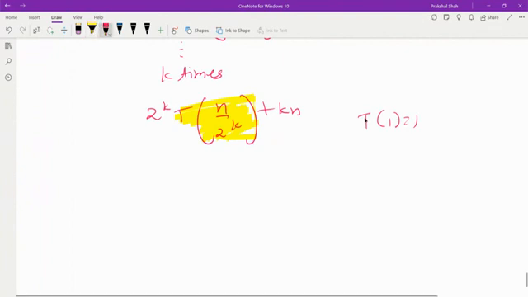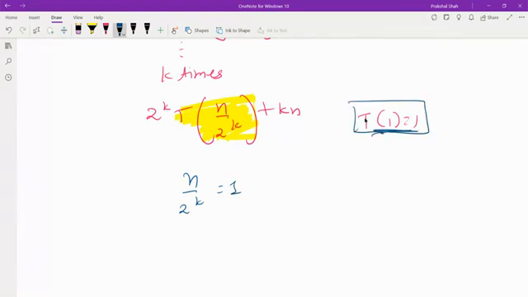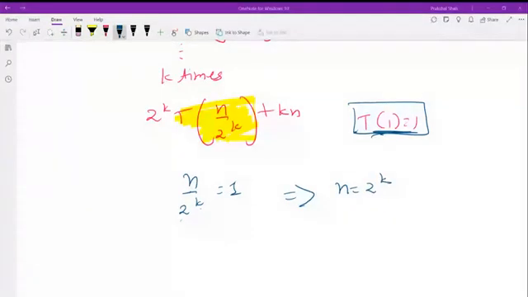So can I put n divided by 2^k equals 1, because I know this is my base condition. It will only stop if it hits the base condition, right? So n/2^k = 1, so can I say n = 2^k?